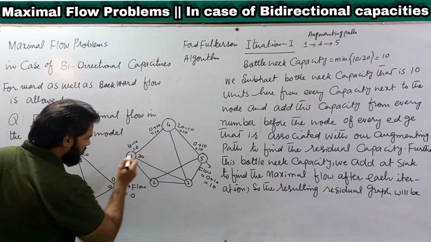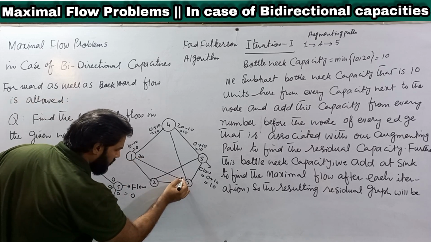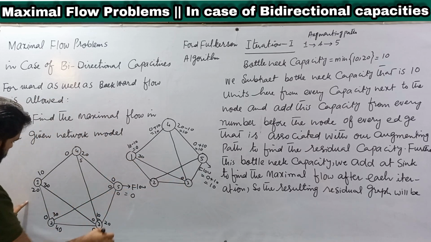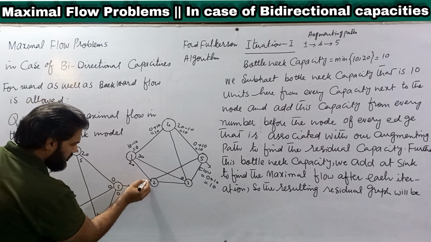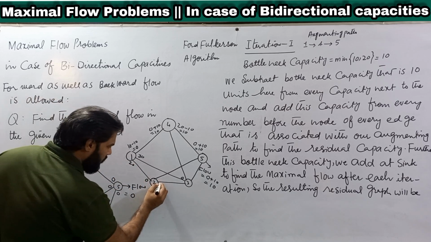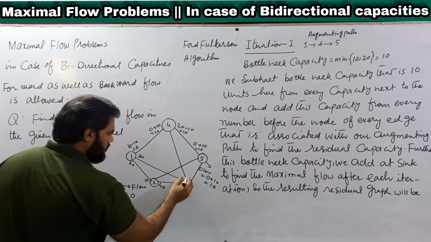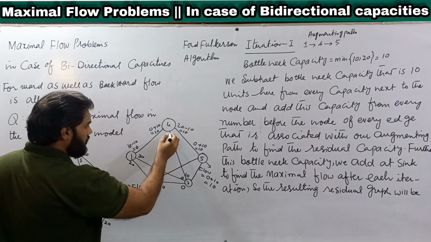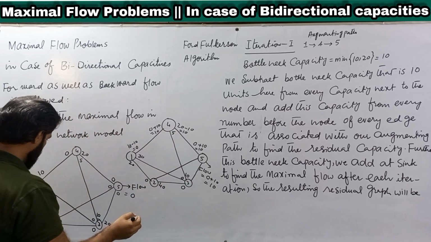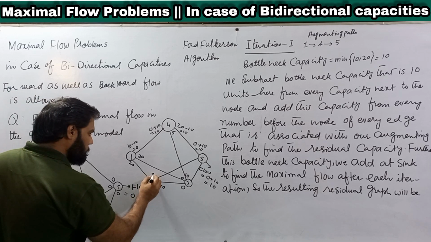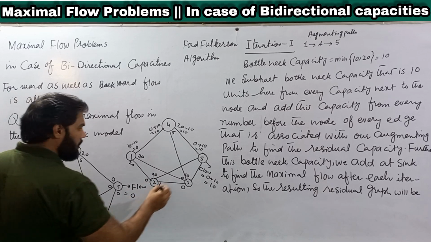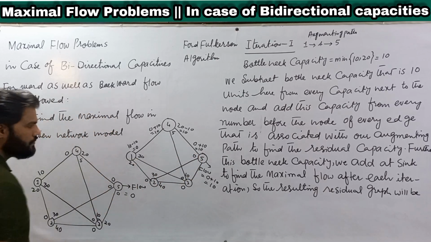This is 30, this is 0, node 1 and 2, this is 20, this is 0, this is 40 and this is 0, this is 10, 5, 30 and this is 0.